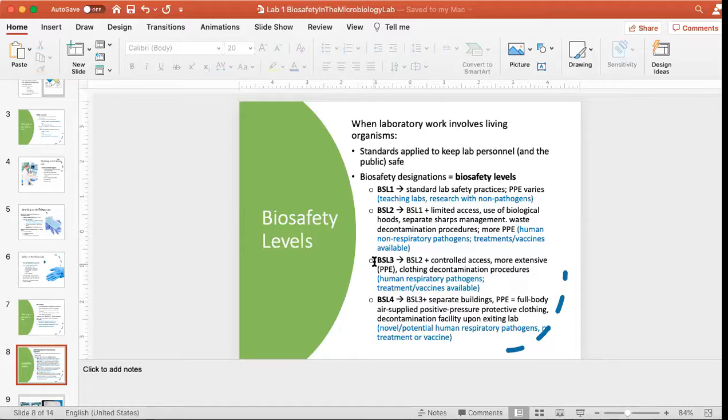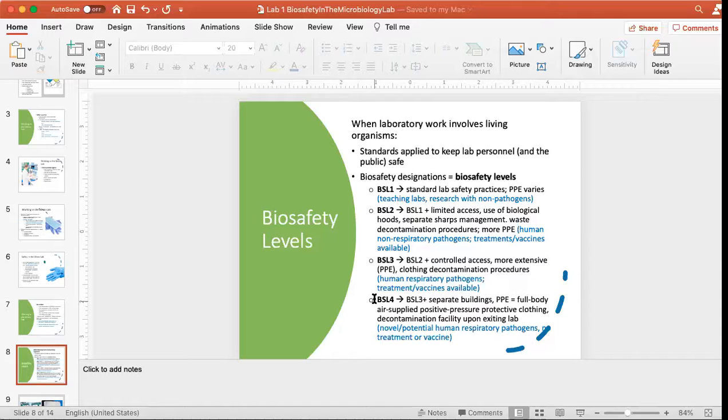Now, BSL-3 and BSL-4 are very similar. These are high hazard laboratories. There are lots of BSL-3 labs in our country at larger, usually state-run universities. There are very few BSL-4 labs in our country. You should know that there's a couple BSL-4 labs down in Massachusetts.